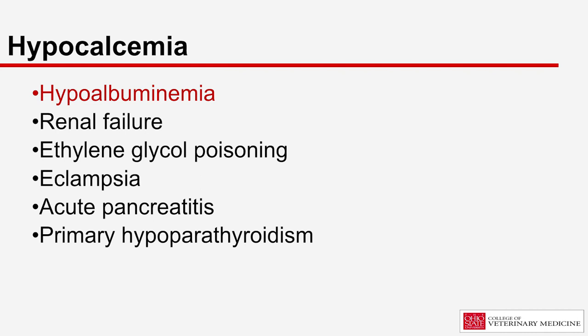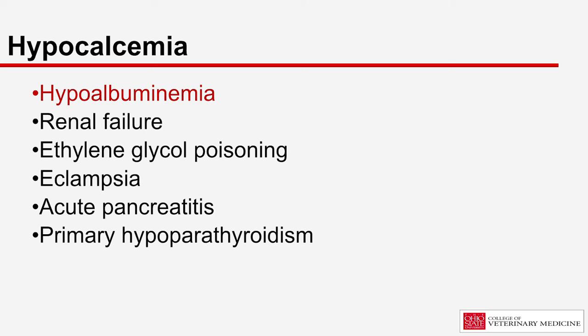Hypocalcemia, as I said earlier, the first thing you want to do if your total calcium's low is look at the albumin. Especially if the animal's looking at you and having no clinical signs, look at the albumin. If it's low, that's probably why the calcium's low. Other causes of hypocalcemia: many dogs or cats with CKD can have a total calcium that's slightly low because their ionized is low, or it may be normal and their ionized might be low but their complex is increased.